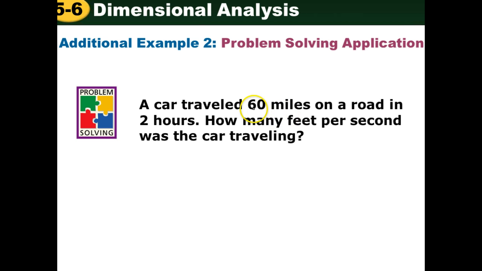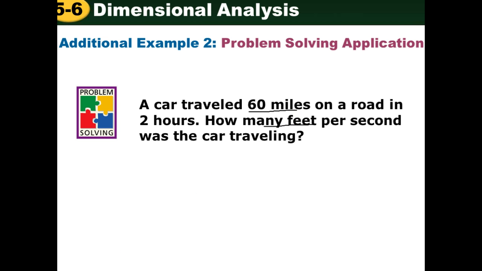I have miles and hours, and I have to convert the whole thing to feet per second. Now, there's really no need to freak out. All we need to do now is find our conversion factor for going from miles to feet.